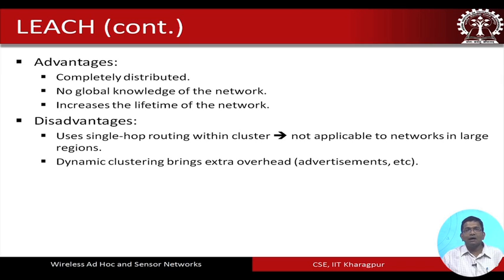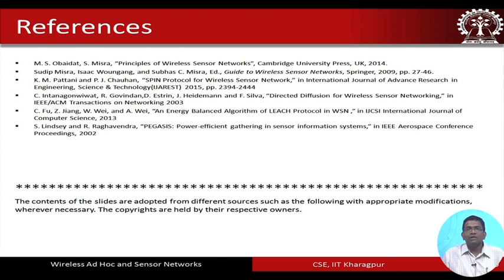The disadvantages are that it uses single hop routing within a cluster and is not applicable to networks in large regions, and the dynamic clustering approach that is adopted by LEACH invites additional overhead in terms of the advertisements that are sent out to the different neighbors, etc. This additional overhead leads to additional energy consumption, which is undesirable for sensor networks. So these were the limitations of the use of the LEACH protocol.